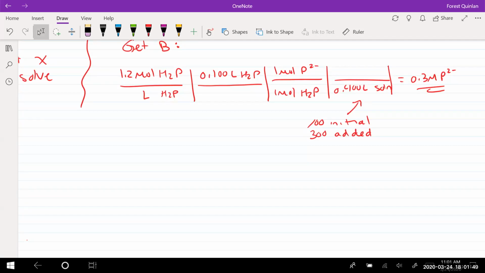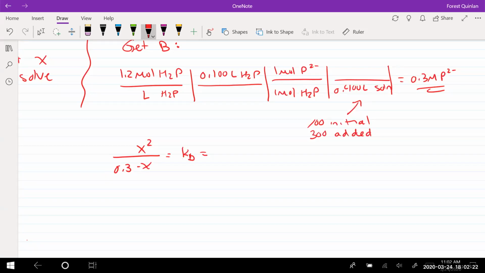Now that we have our b, it's just math. We have now x squared over 0.3 minus x is equal to the Kb, but we don't have the Kb. But we can get that. How do we get that? Ka times Kb equals Kw.